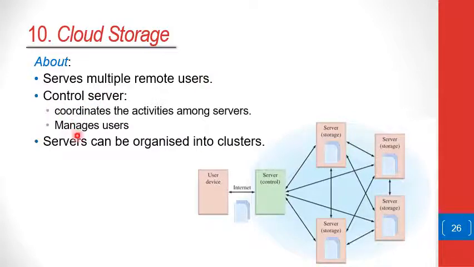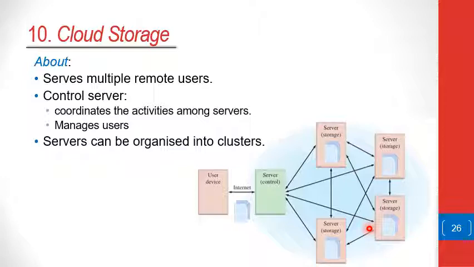and as you can see, there would be a user device which accesses the cloud storage over the internet, and all of these 1, 2, 3, 4, 5 would be the cloud servers. There will be the control server, which has a special function to coordinate the operation of all of these other servers, and also to manage users who are accessing the cloud storage.